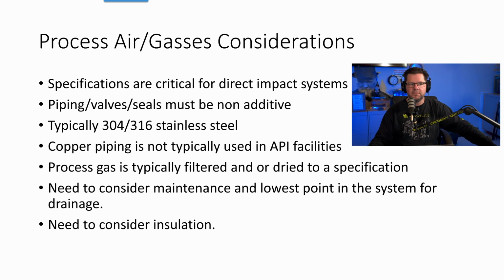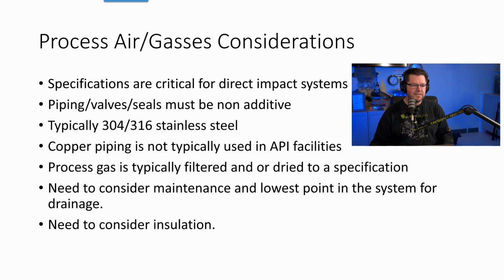It's less expensive. But everything else is typically done with stainless steel. You're going to want to make sure that all your seals and all your valves and everything are also non-additive. So don't use bubble gum for your seals.